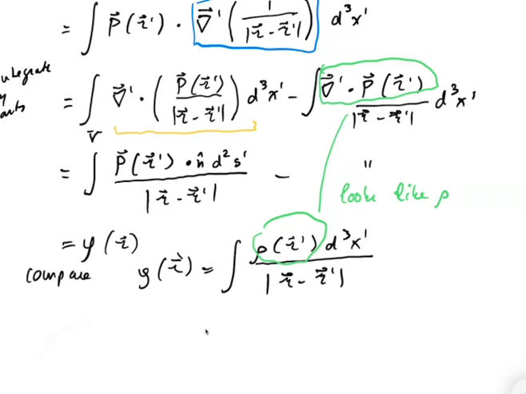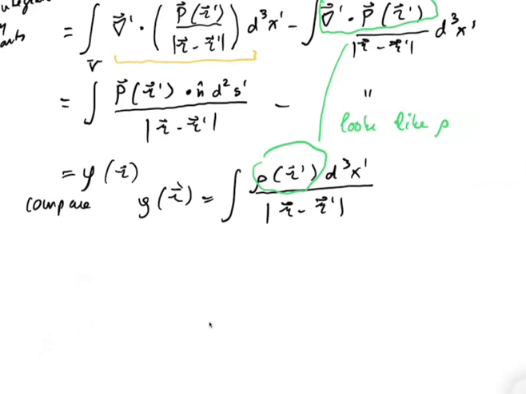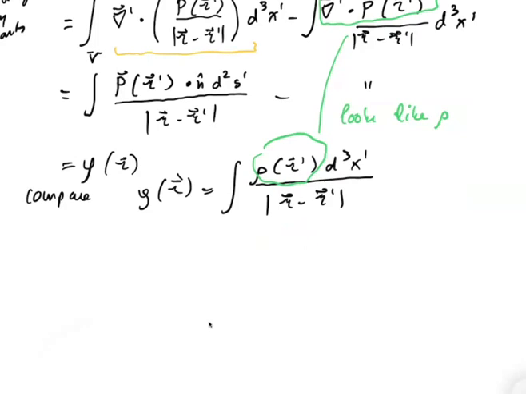So what we need to do is now write this as a new kind of charge density. So we're going to call this thing the polarization density. Let's call the divergence of P with a minus sign the rho of the polarization density.